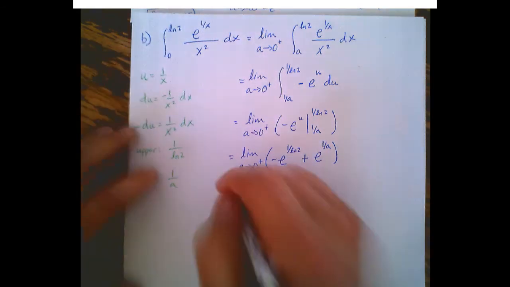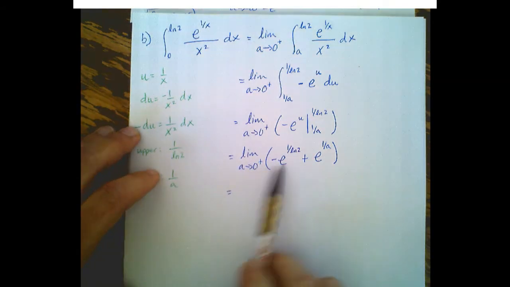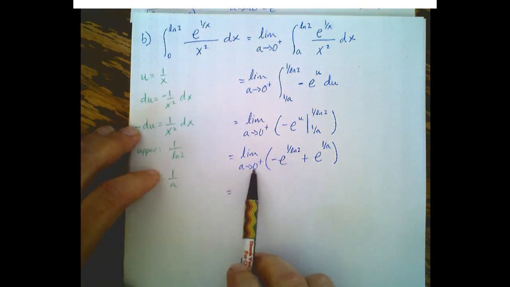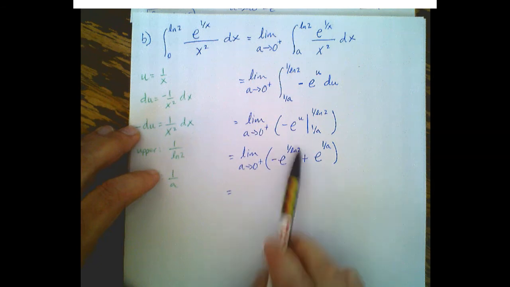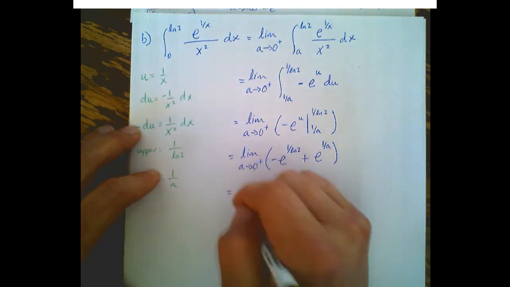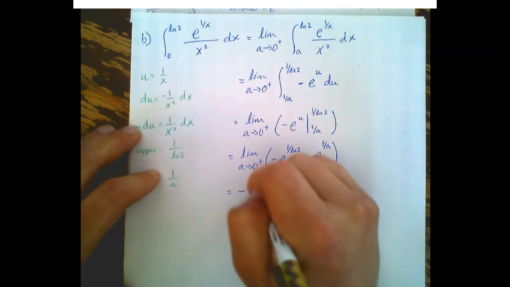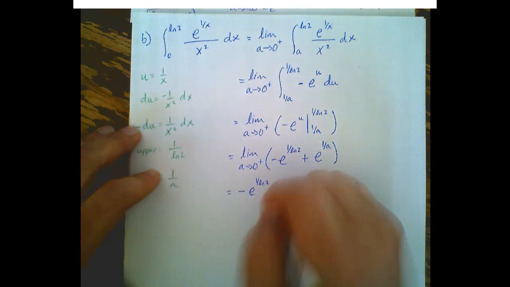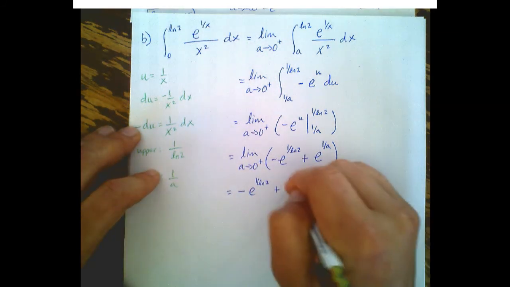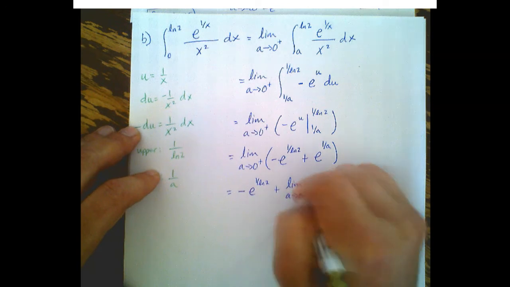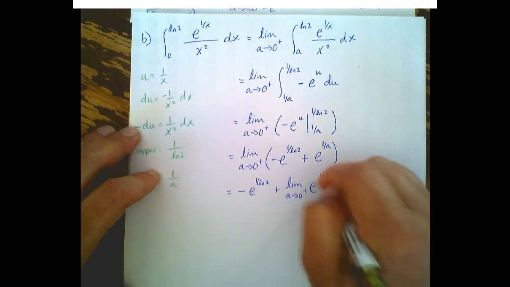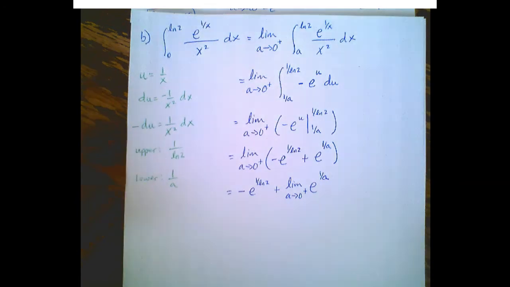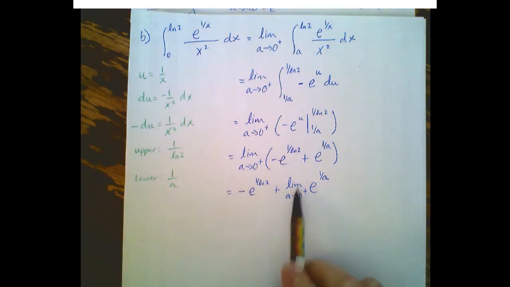Alright. So we need to evaluate some limits. So the limit as a goes to 0 for this guy, well, this is just some weird number, right? So we can just pull it out. That's just a weird number, plus the limit as a goes to 0 from the positive side of e to the 1 over a. Right, so all we need to do is figure out what this limit is.